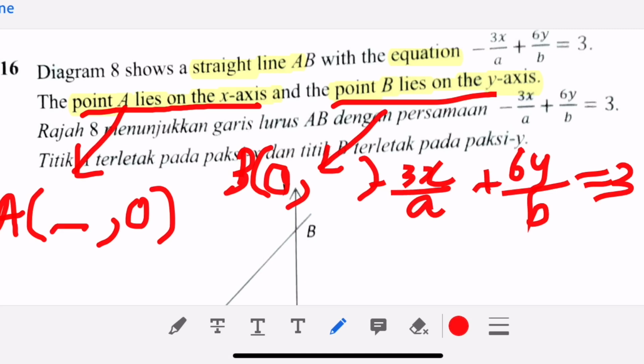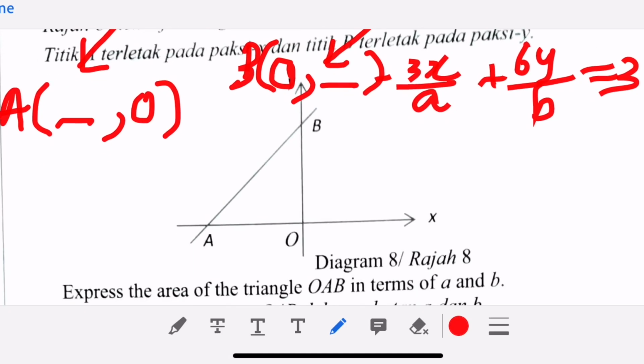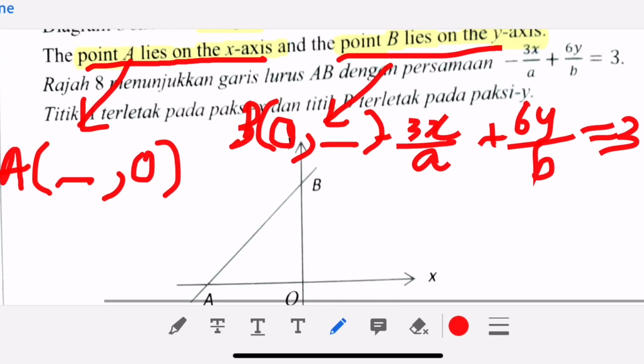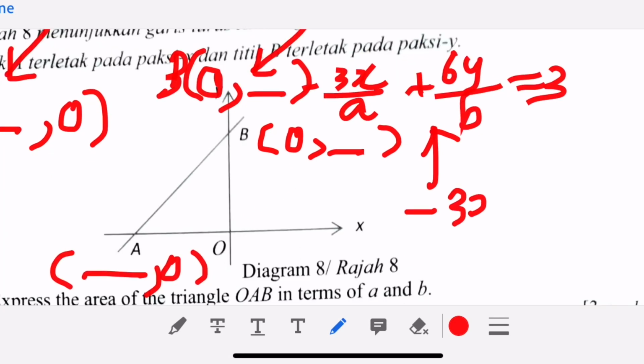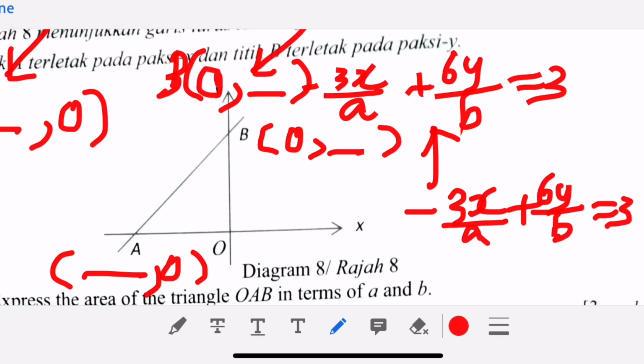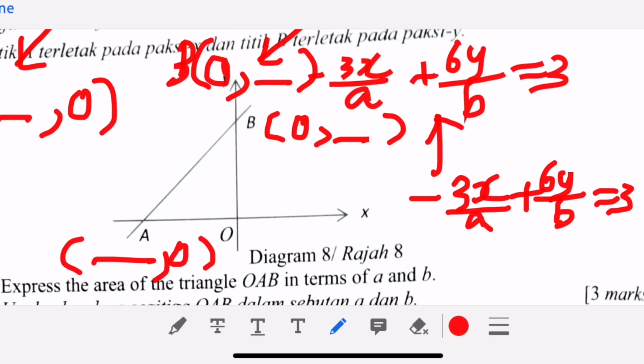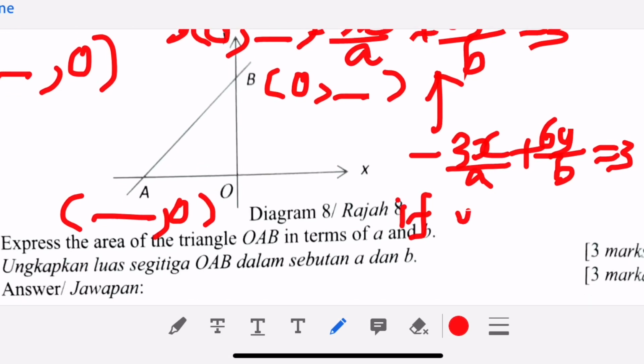So we will substitute into the equation to find the x-intercept and y-intercept. Now I will copy down negative 3x over A plus 6y over B equal to 3. So I will substitute, maybe x equal to 0 or maybe y equal to 0, depending on what you want to find.